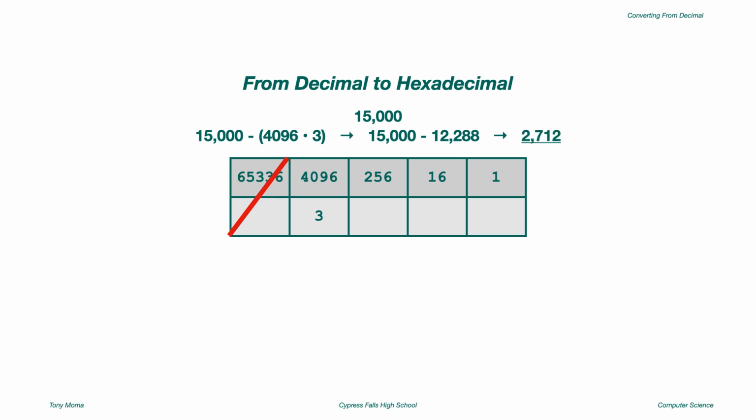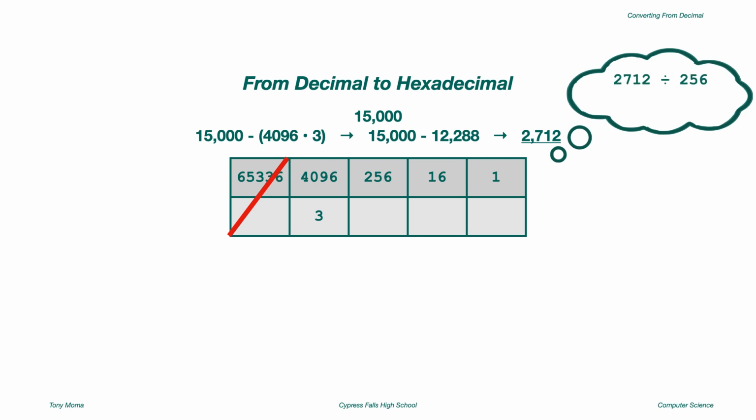Next column, how many times can 256 fit into 2,712? We do the division. 2,712 divided by 256 gives us 10.59. Ignore the 0.59, focus on the 10. 10 is our number. However, in hexadecimal, we use letters to represent the values 10 through 15.